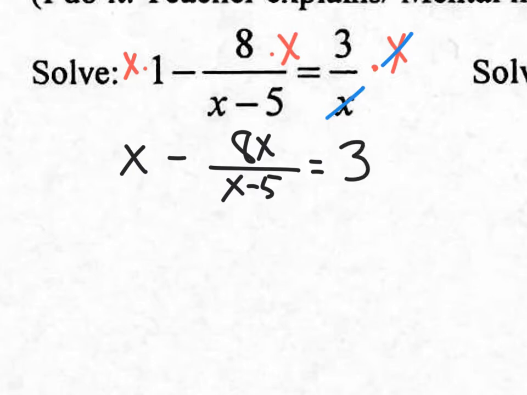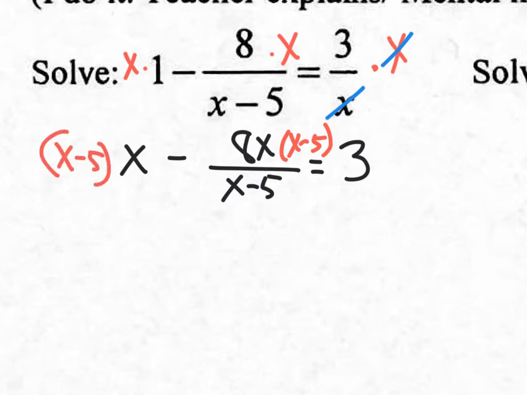Now we want to get rid of that middle fraction right there, 8x over x minus 5. How would I do that? I'd multiply everything by what? By the denominator, x minus 5. So I'm going to multiply this fraction by x minus 5, but I'm not only going to multiply that fraction by x minus 5, I'm going to multiply everything by x minus 5.